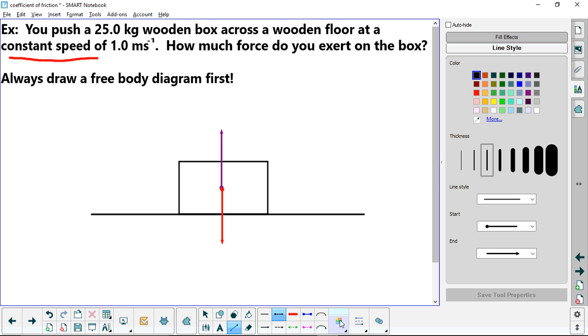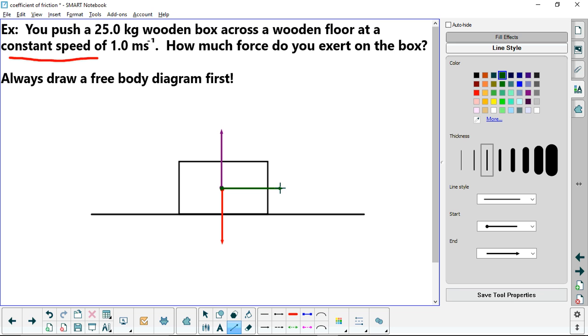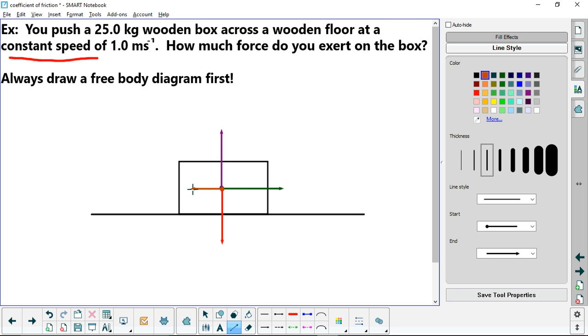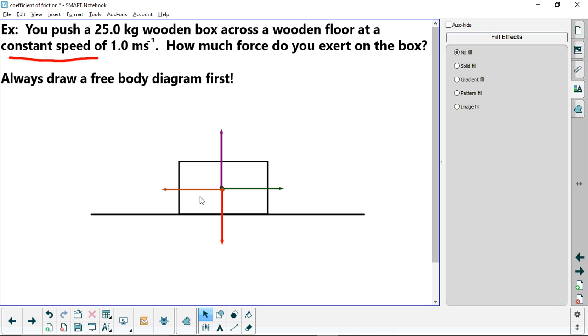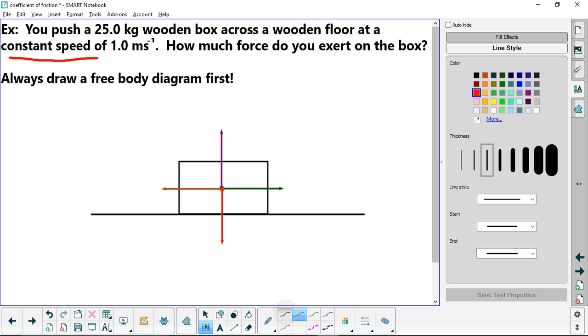Then I'm going to have an applied force, and let's say the crate is going to be moving this direction. Last but not least, I'm going to have a frictional force that will be equal but opposite of the applied force so that all the forces are balanced. So if I can figure out the value of the frictional force, I know that will be equal but opposite of the applied force I need to get the crate moving.